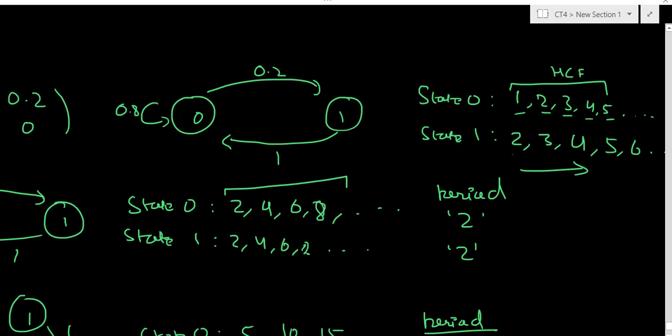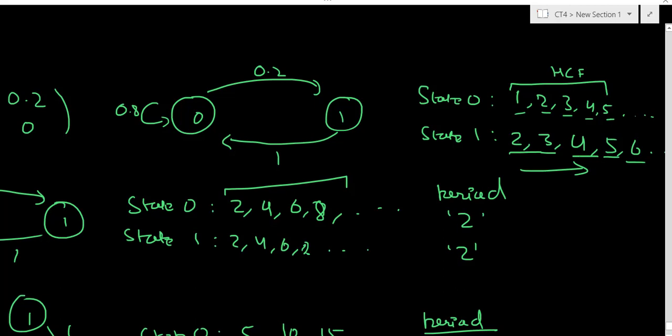So you can be in 1, go to 0 and come back to 1 in 2 steps. Then you can go from 1 to 0, stay in 0 for 1 step and then come back to 1. Then you can stay in 0 for 2 steps, 3 steps, 4 steps, and so on and so forth, right?